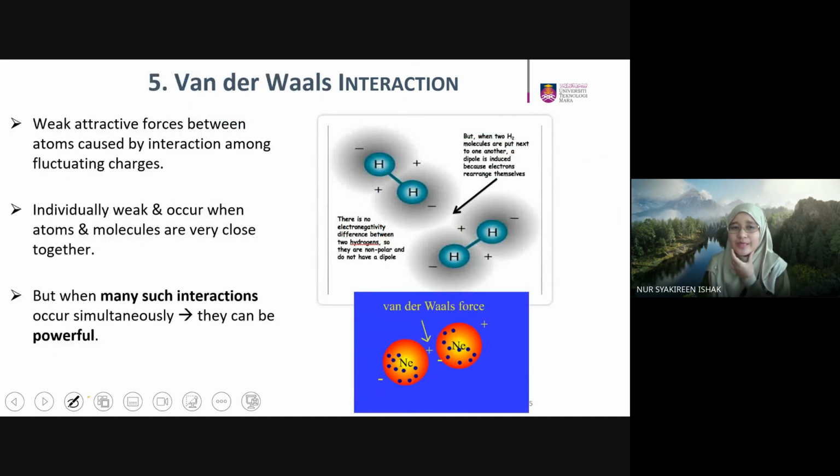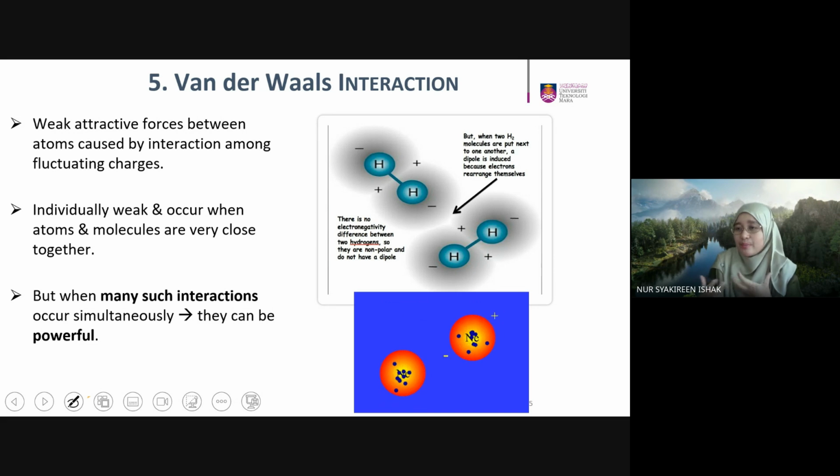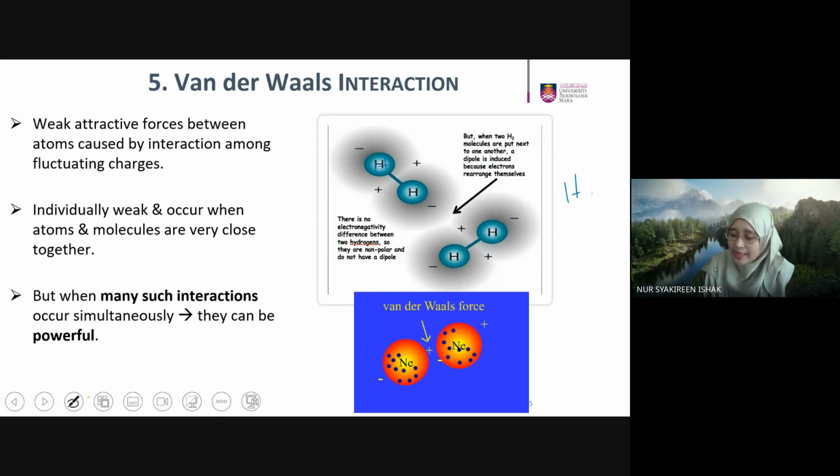And then the last one is van der Waals interactions. Individually, a van der Waals interaction is weak, but when they exist in large quantity, it forms quite a strong and powerful interaction. What is van der Waals interaction? We know a hydrogen atom individually has one electron, and another hydrogen has one electron. They form a non-polar interaction, but these electrons move in a cloud.